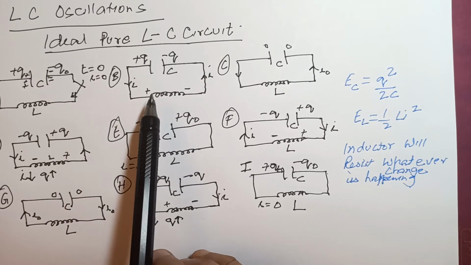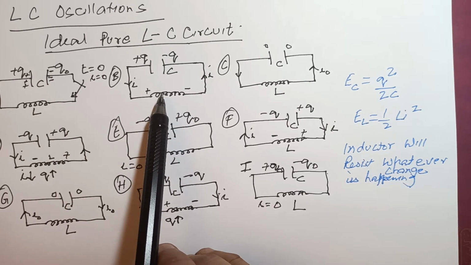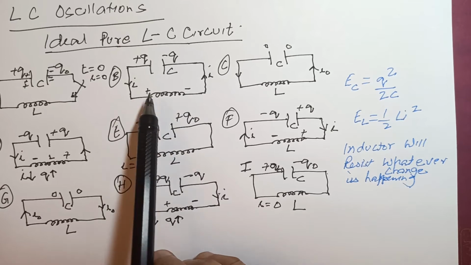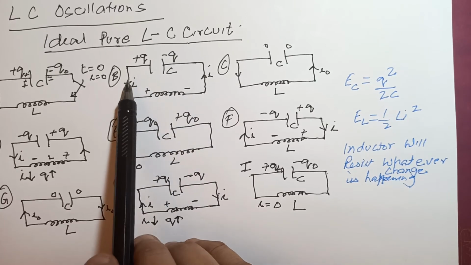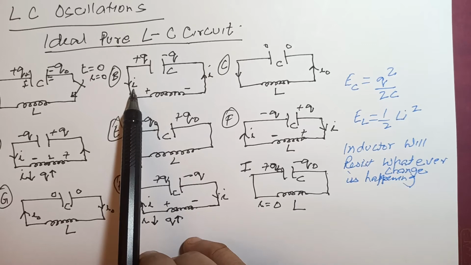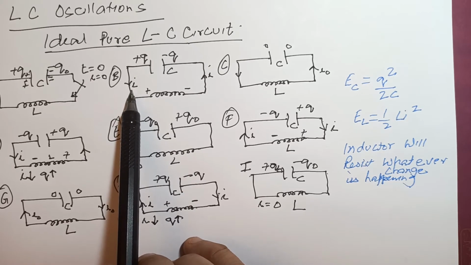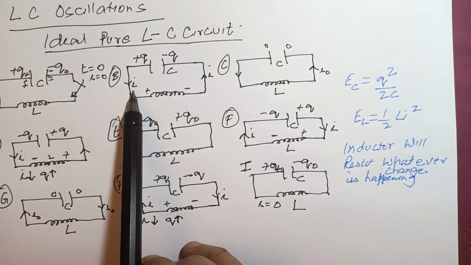let's come to diagram number 2, or B. In this we will see a current starts flowing. Remember, current has just started flowing, it is not yet the peak current.